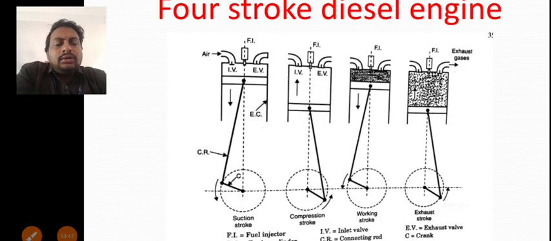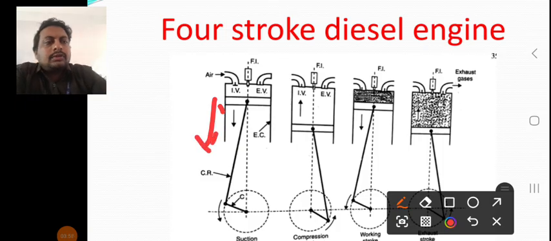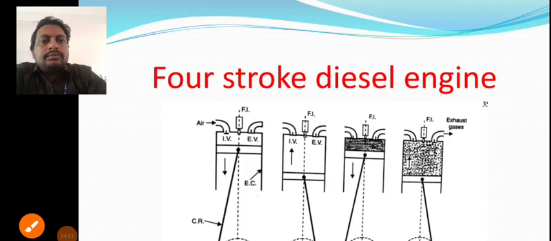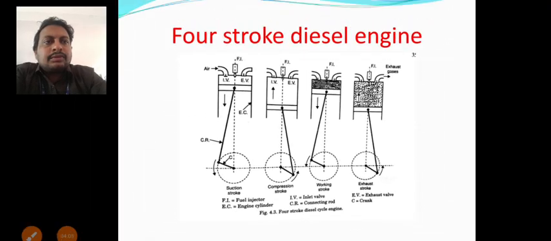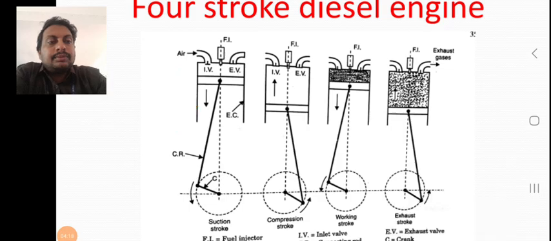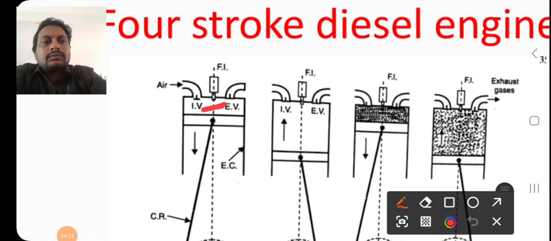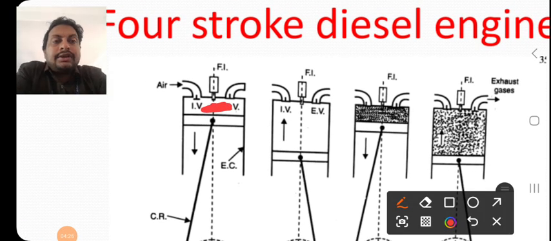This is the four-stroke diesel engine. During the suction stroke, whenever the piston moves from TDC to BDC, a vacuum will be created inside the engine cylinder.